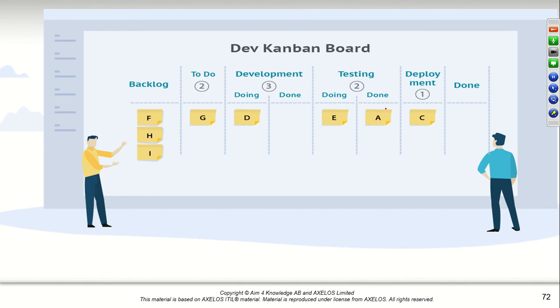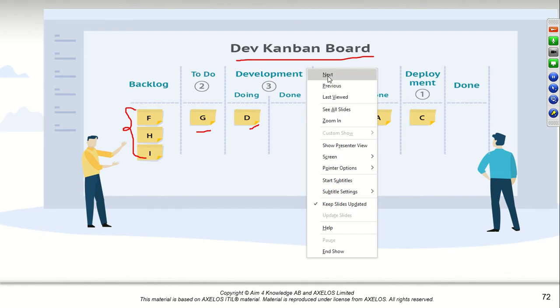So this is Kanban. In a Kanban board, Kanban provides visibility to what are the activities yet to be done, what are the things you are to do, what are the things you are doing at development stage, what are the things that have been done at testing, and what is being deployed as well.